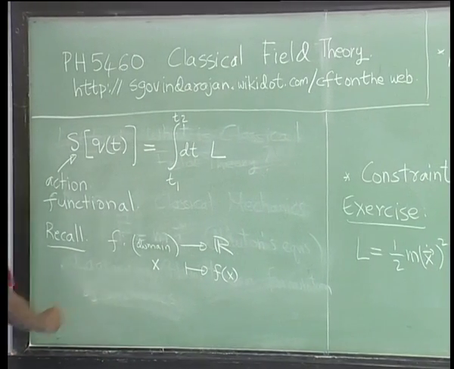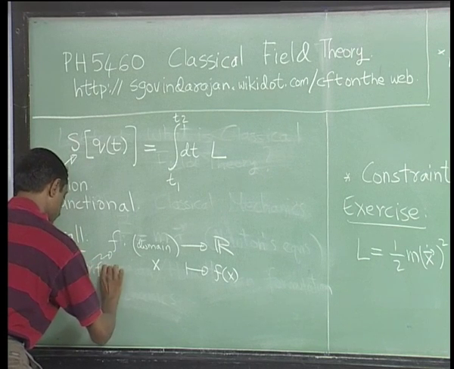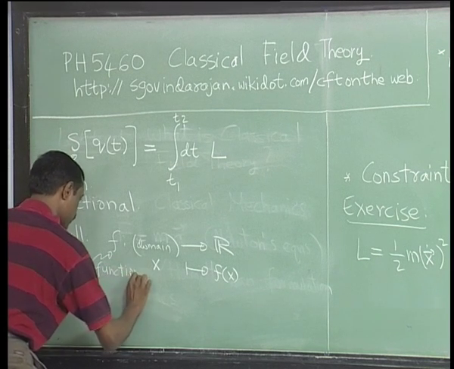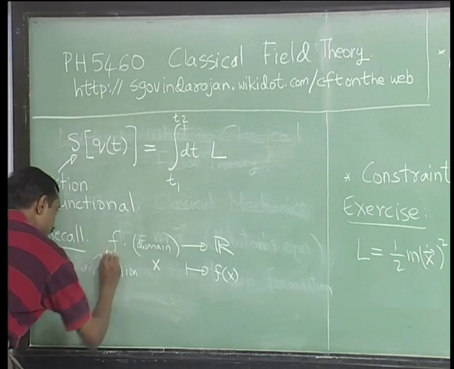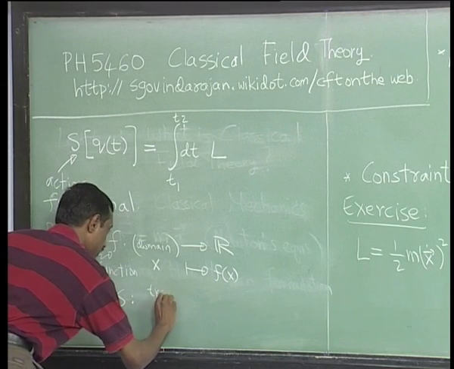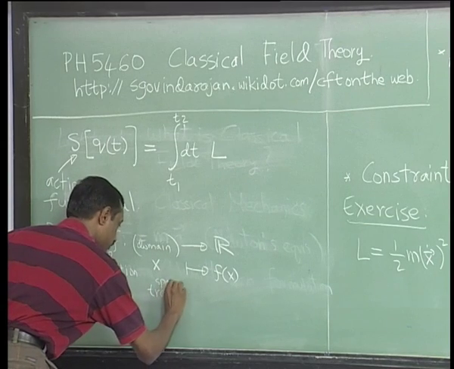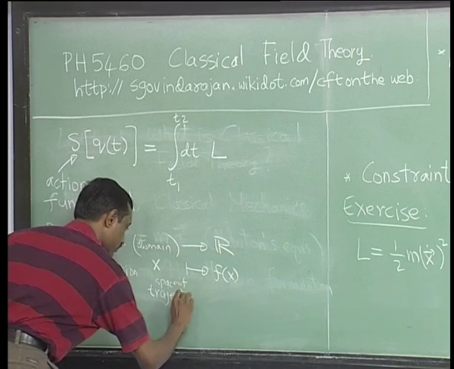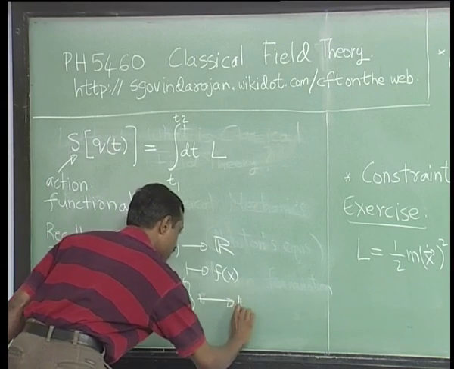But a functional like S takes as input a trajectory, from the space of trajectories, but again to some real number.